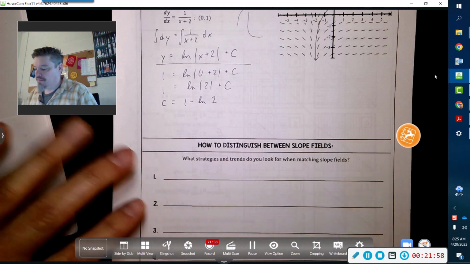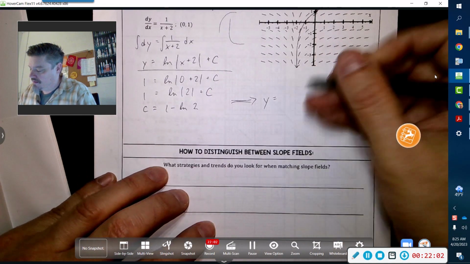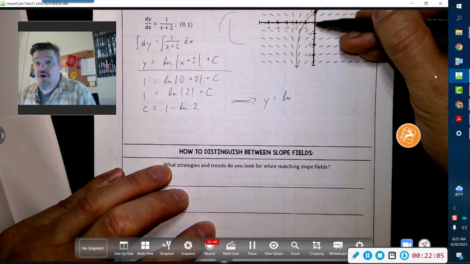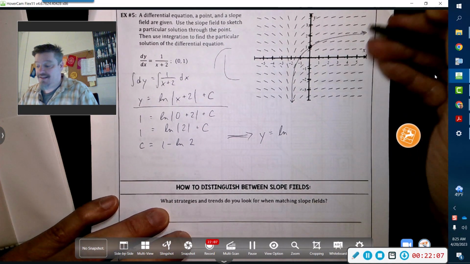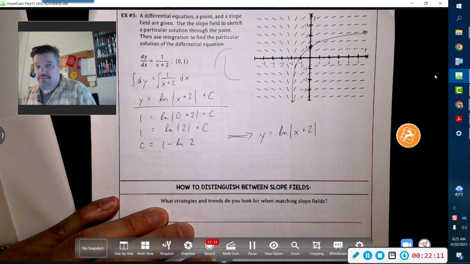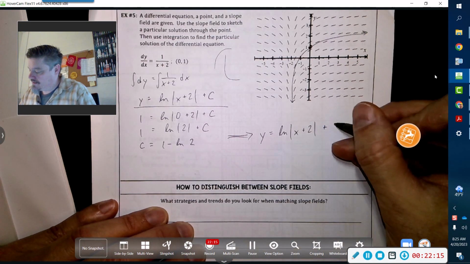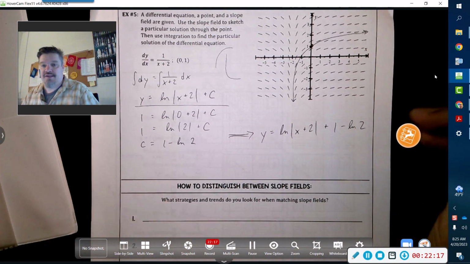So the final answer is y equals the equation of this curve: the ln of the absolute value of x plus 2, plus 1 minus the ln of 2, because that is your plus c.